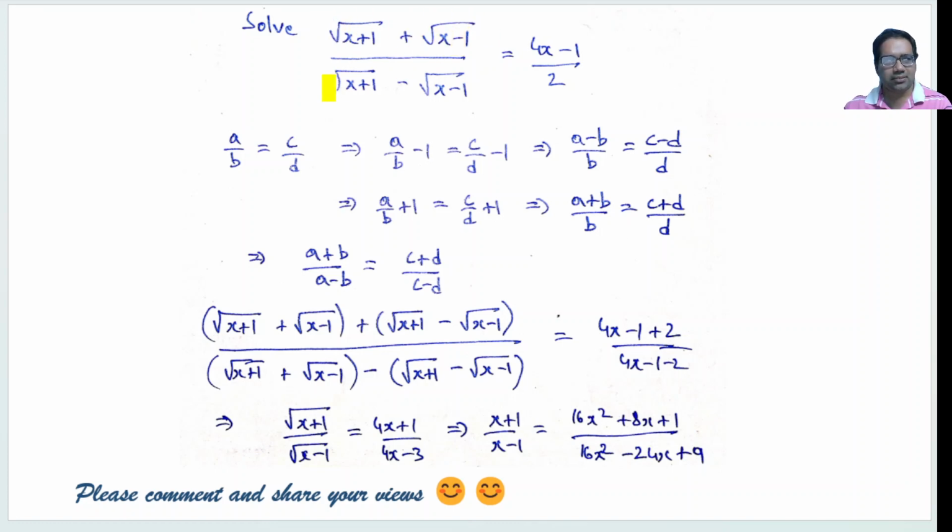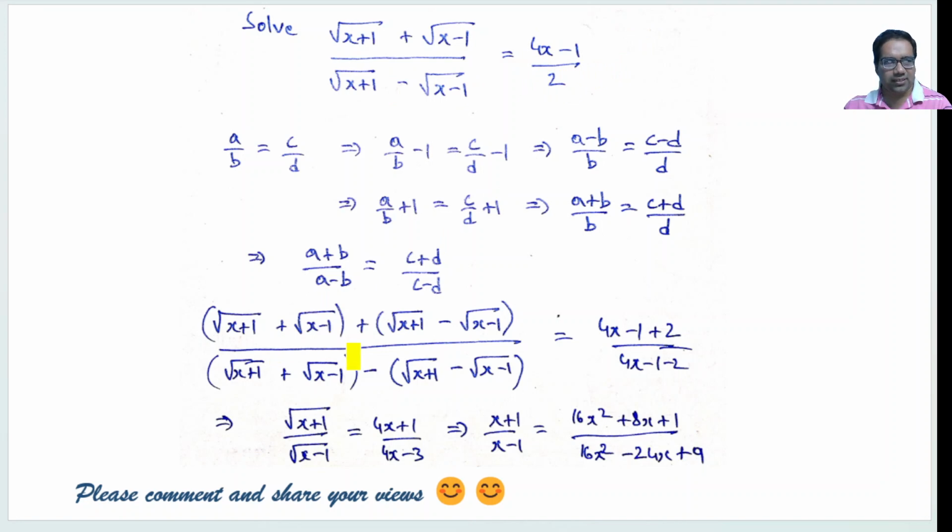So a plus b is root of x plus 1 plus root of x minus 1 plus again root of x plus 1 minus root of x minus 1, and a minus b is the same with a minus. That equals 4x minus 1 plus 2 by 4x minus 1 minus 2. What we are doing: a plus b by a minus b should be equal to c plus d by c minus d. The numerator is a, the denominator is b. Here 4x minus 1 is c, 2 is d.